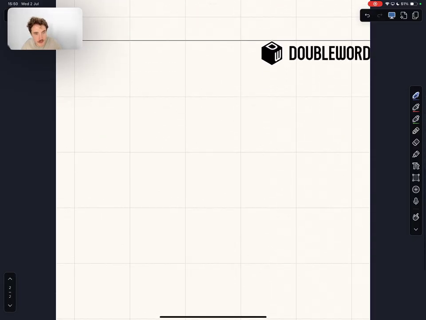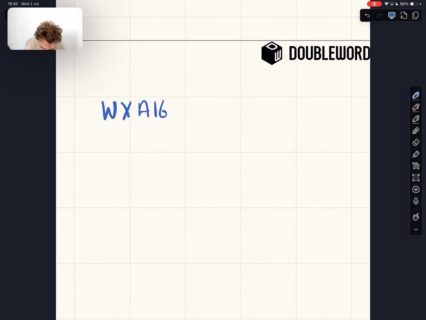There are broadly two ways you could categorize the available quantizations. Category 1 is something I'm going to call the WX-A16 format.